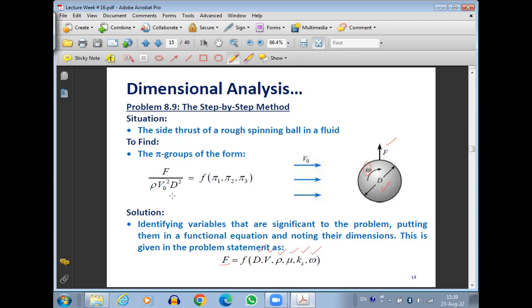One of the dimensionless parameters should be F over rho V naught squared D squared, and we need to find it as a function of other dimensionless parameters. So we need to find what the other dimensionless parameters should be that could be used in the modeling of this rough spinning ball.